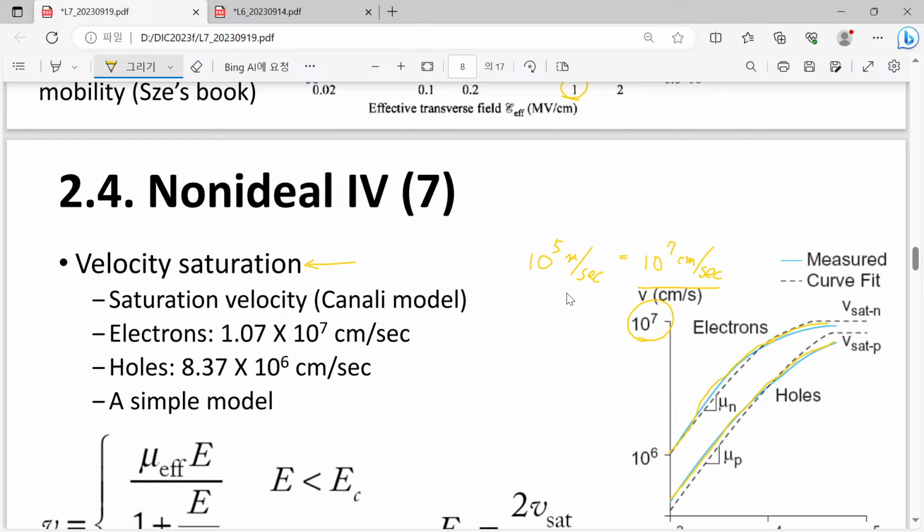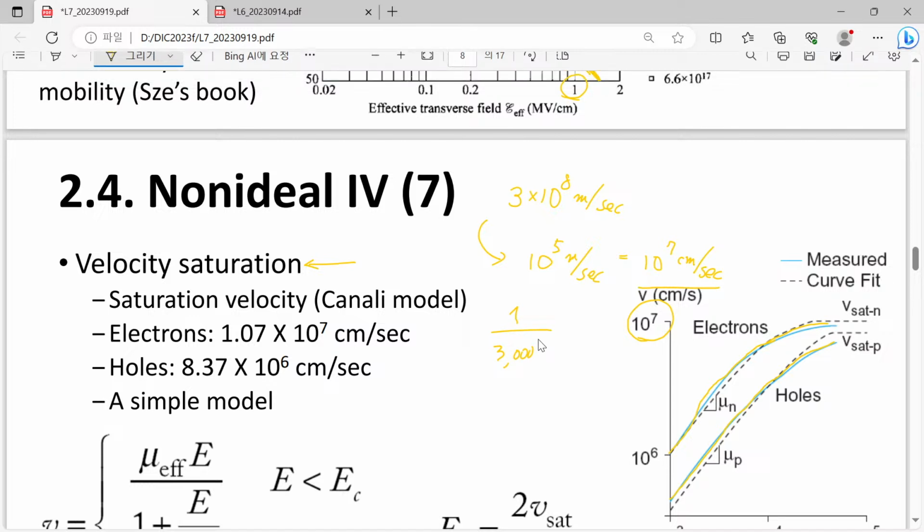And what is the speed of light? The speed of light is 3 times 10 to the 8 meter per second. So the speed of your electrons and holes is about just 1/3000th of light speed.